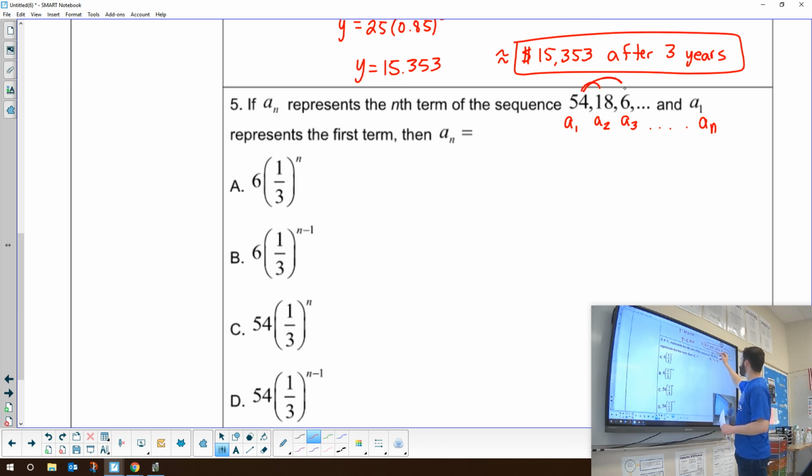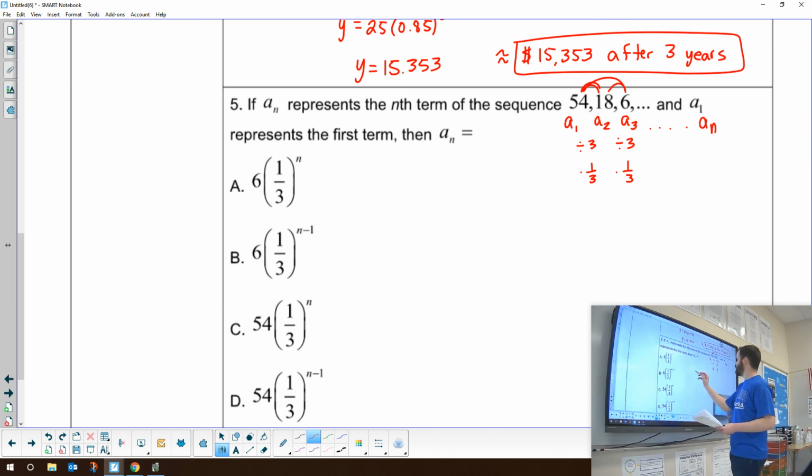Each time, from 54 to 18, and then from 18 to 6, you can see that I am dividing by 3. Or we could say that I'm multiplying by 1/3. So that's going to be my representation.